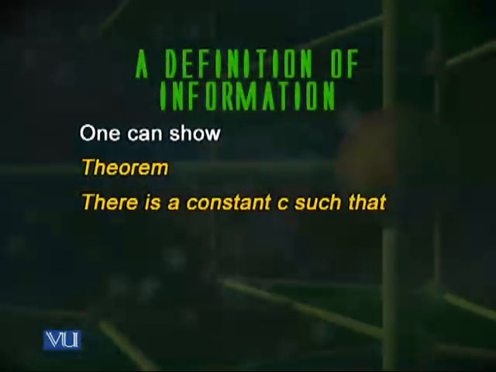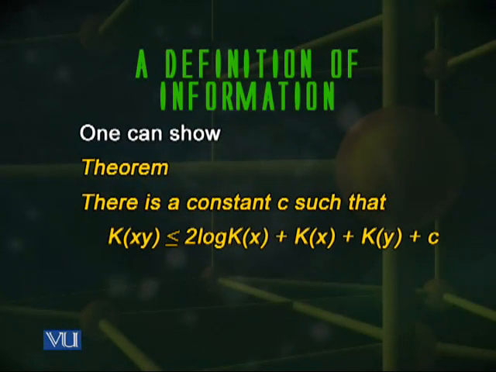But we have been able to show what we wanted to prove. One can also show that there is an absolute constant C such that the descriptive complexity of x comma y is less than or equal to the descriptive complexity of x plus the descriptive complexity of y plus a constant plus 2 times log of the descriptive complexity of x.